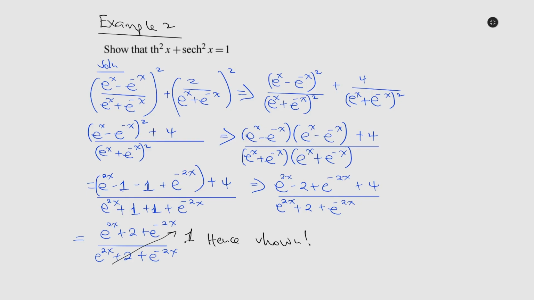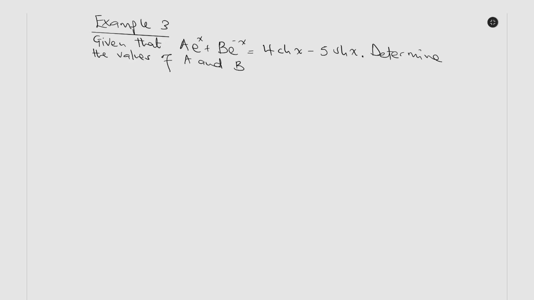I want us to get to example 3. So let's check another example, example 3. So here is our example 3. Given that a e^x plus b e^(-x) is equal to 4 cos x minus 5 sin x, determine the values of a and b. So how do you go about this solution? In this case, we are going to solve the right hand side to see if we can get the values corresponding to a and b.